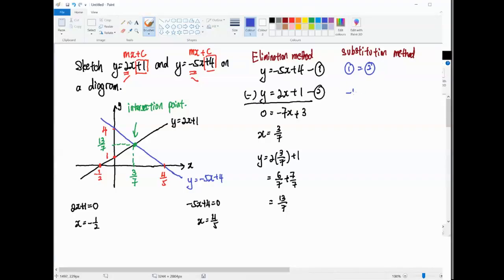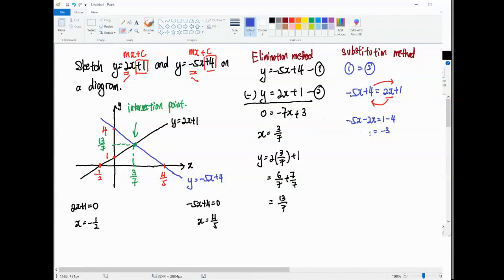So let me equate the first equation and the second equation. So I need to move 2x to the other side. So it becomes minus 2x. I move positive 4 to the other side, it becomes negative 4. As a result, I got negative 5x minus 2x equals 1 minus 4. So I get negative 7 equals negative 3. Sorry, I've forgotten the x.